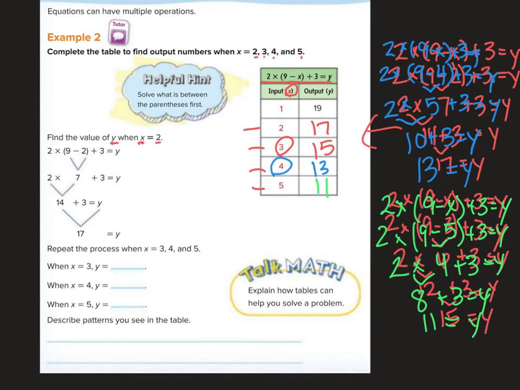Okay. When x equals 3, then y is going to equal 15. When x is 4, y is 13. When x is 5, y is 11. What patterns do you see in the table? I notice that all of the y's are odd.